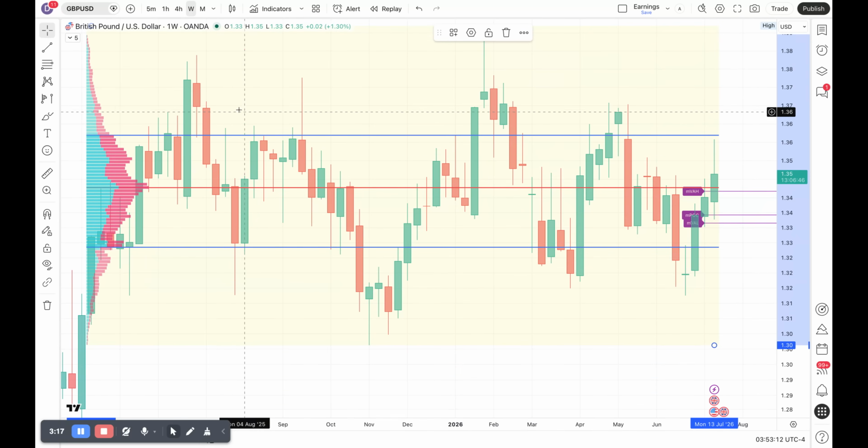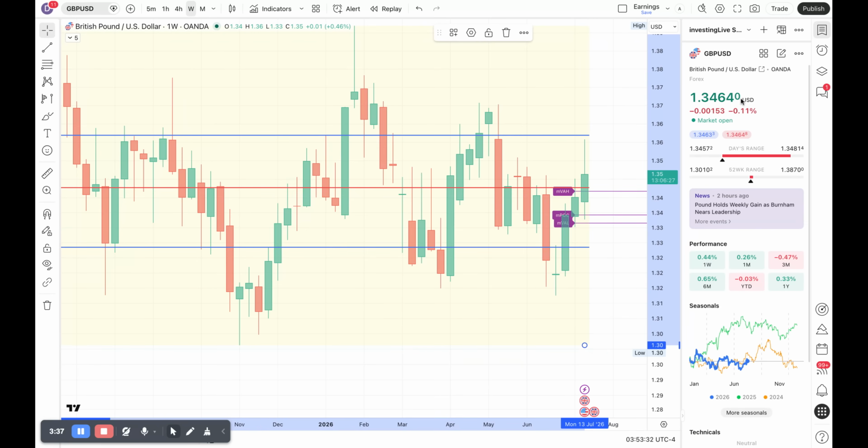According to the auction, the buyers and sellers that transacted during this range decided that the most fair value typically during this period is 1.34, very close to the current price, which is 1.3464.